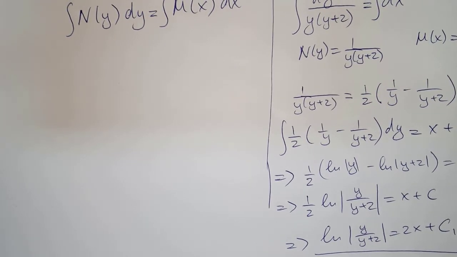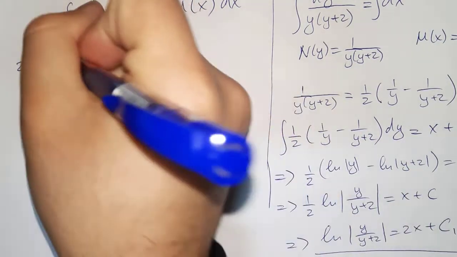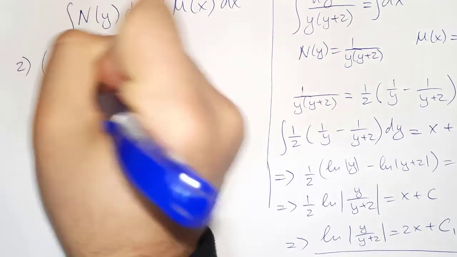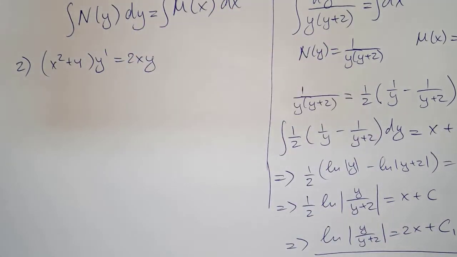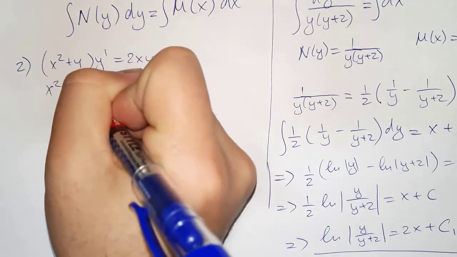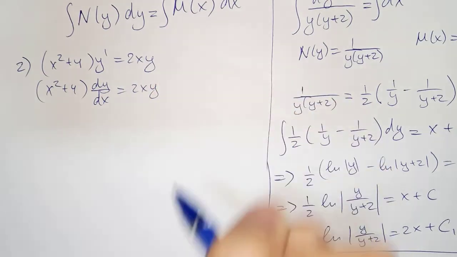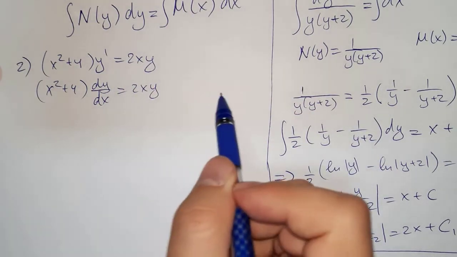Solve the differential equation: x squared plus 4 times y prime equals 2xy. This is also a separable equation, and here we need to write x squared plus 4 times dy over dx equals 2xy. And now, I said we need to move all x's to one side, all y's to the other side.